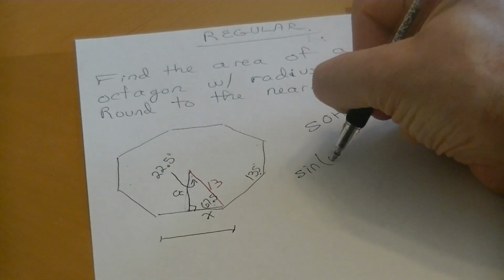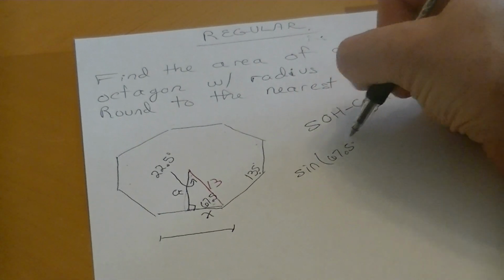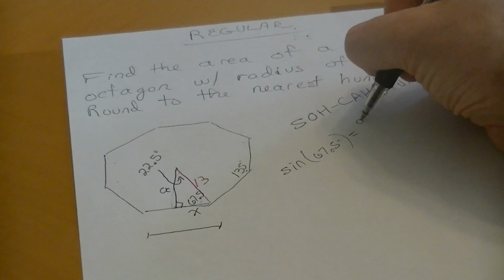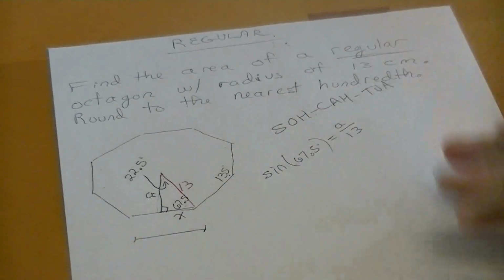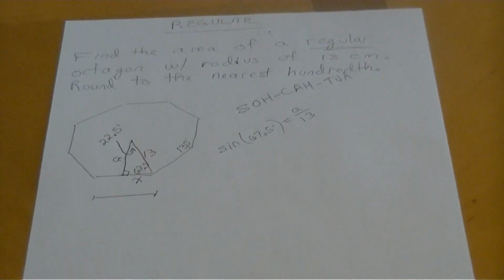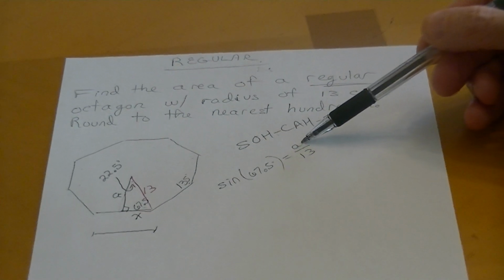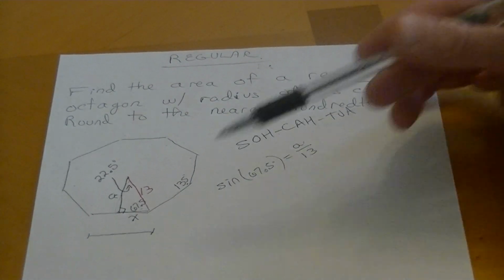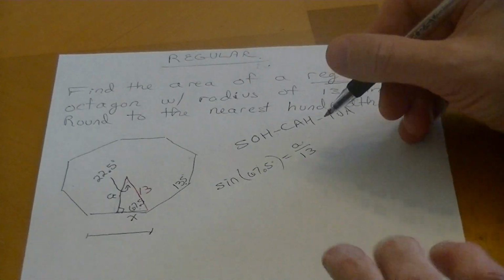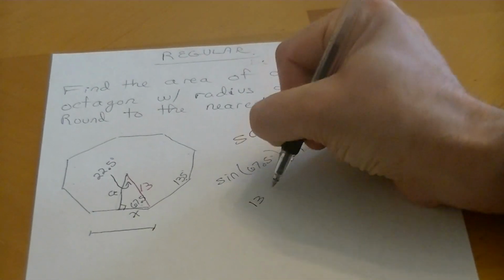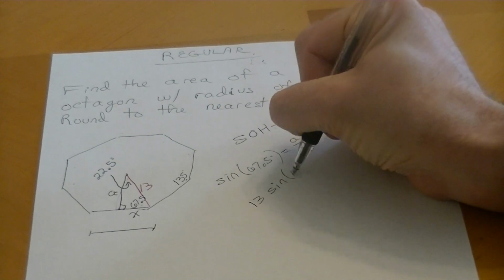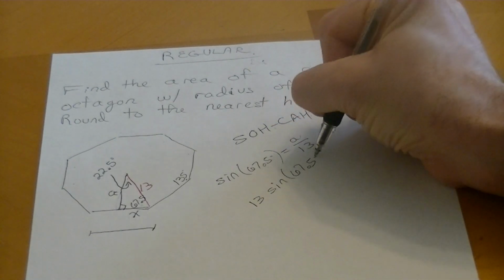So the sine of 67.5 degrees is opposite over hypotenuse. The apothem is the opposite from that angle. This is the hypotenuse. So if I multiply both sides by 13, I get the exact answer for the apothem.